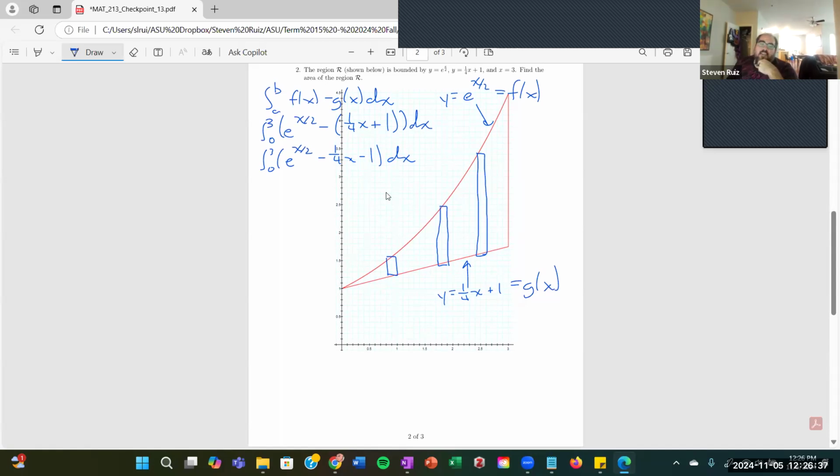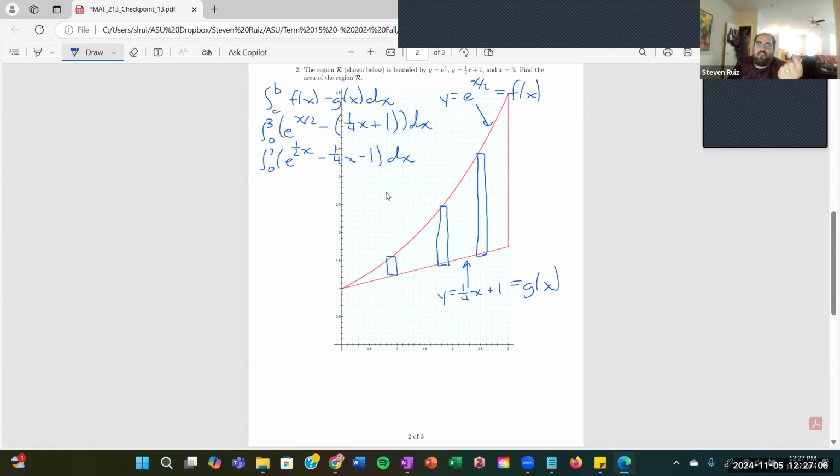So e to the x over 2, let's think about this. Maybe it'd be better if I wrote it like this, e to the 1/2 x. What's the derivative of e to the 1/2 x? The way you do that, you have to think about chain rule. The derivative of any e to the x function is going to contain the original e to the x function. So that would be e to the 1/2 x multiplied by the derivative of whatever the exponent is.